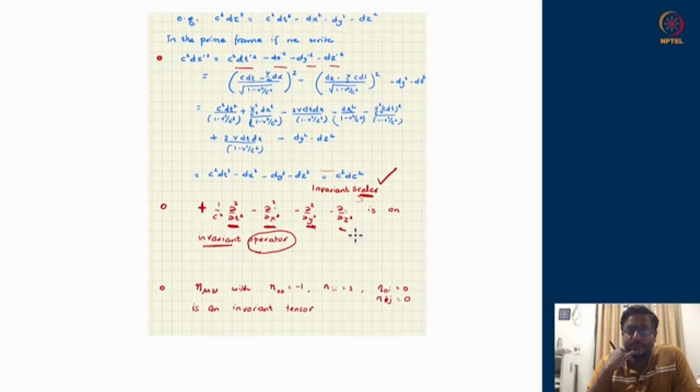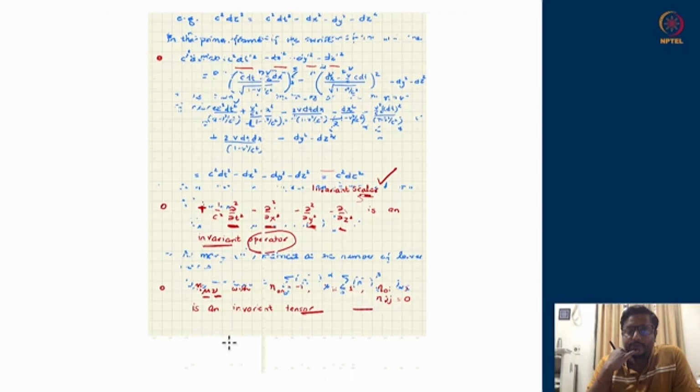More importantly, if I take a lower index object mu nu, I know that it has to transform through 2 lambda inverses, because the rule we have set up is that anything that has a lower index will transform with as many lambda inverses. And the transformation laws which we had written were like this.